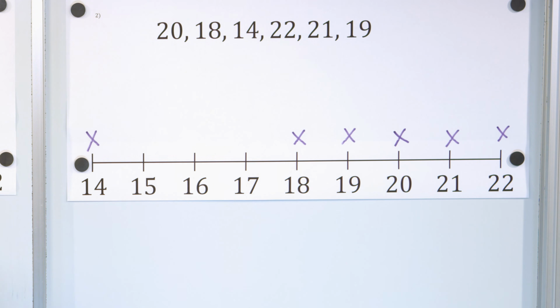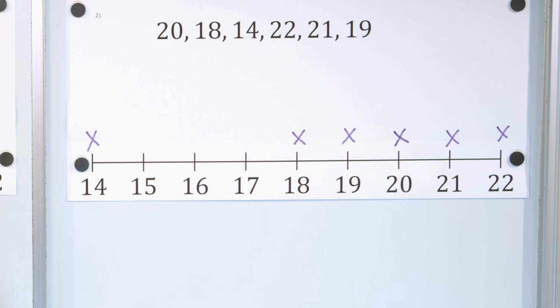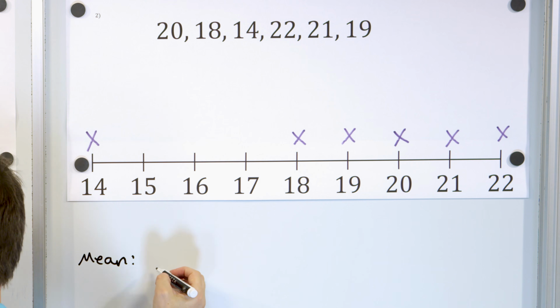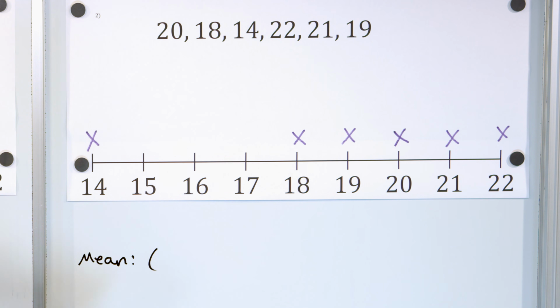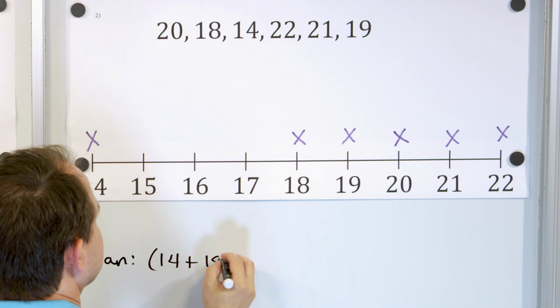So the very first thing that we want to do is calculate the mean of this data set. So let's go over here and find the mean, right? How do we find the mean? We're going to add up all these numbers together. So we have 14, then we have 18, which is right here.